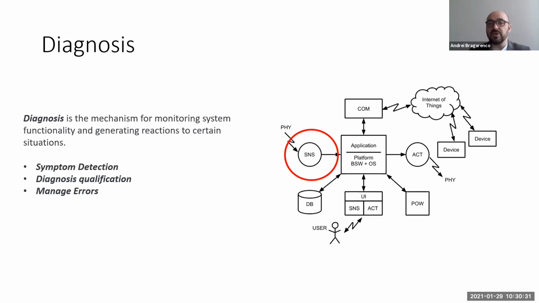Diagnosis. What is diagnosis? Okay, we are acquiring information, but first of all we have to detect if this signal is valid, if the device is providing correct information about the environment. For example, you have, let's say, 100 degrees Celsius. What does that mean?